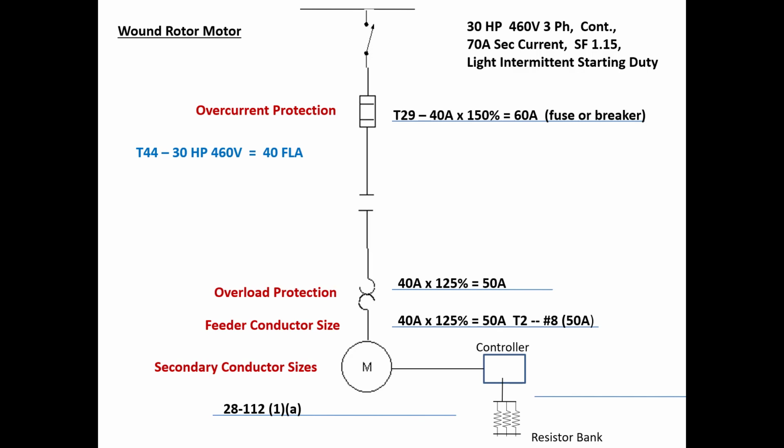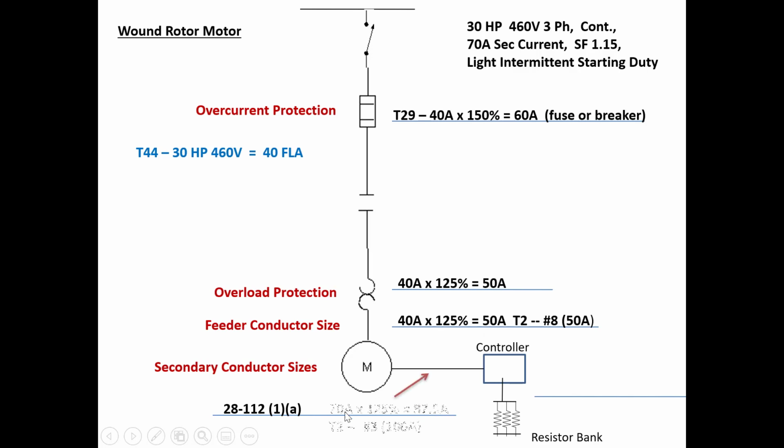Subrule 1 says insulated conductors connecting the secondaries of wound rotor motors to their controllers, so that's this wire right here from the wound rotor motor to the controller, shall be 125% of the rated full load secondary current for motors used on continuous duty, or the percentage of rated full load current specified in table 27 for motors used on non-continuous duty. This one is continuous, so we can just go with the 125%.